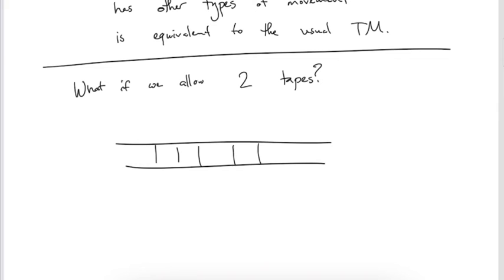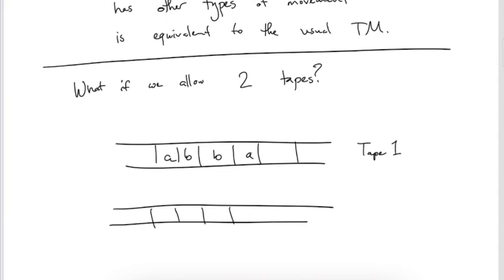It has this, which is like tape 1, which the input is written on, A, B, B, A. And then maybe, just to help it out during the computation, it gets this other free tape that it can use like a memory storage or something. This is tape 2, which is not part of the input or anything.